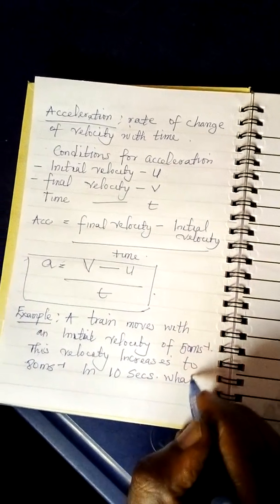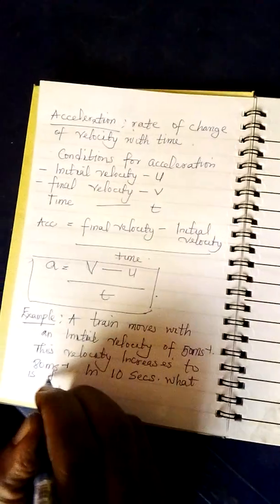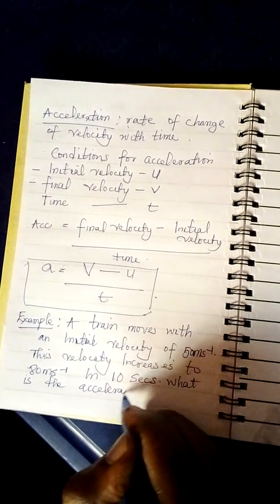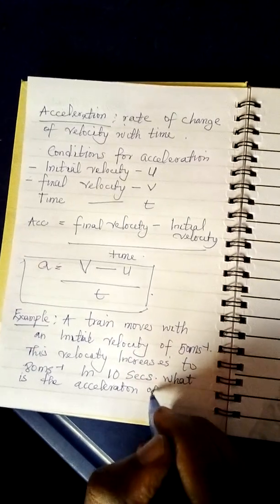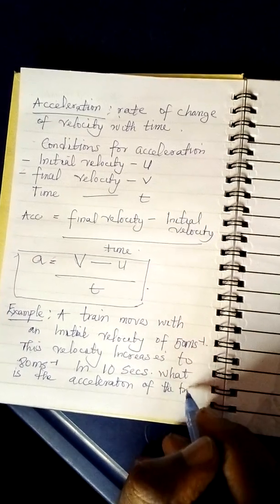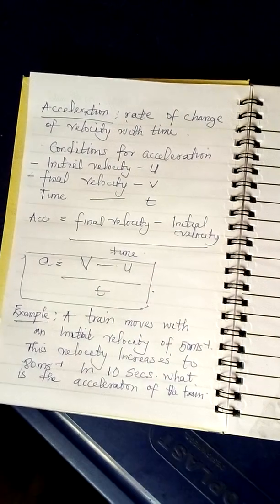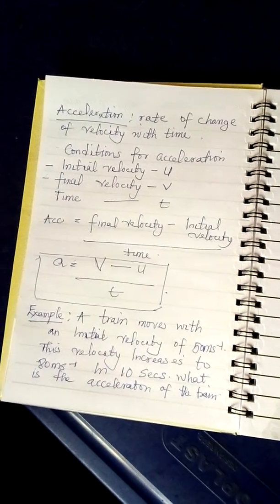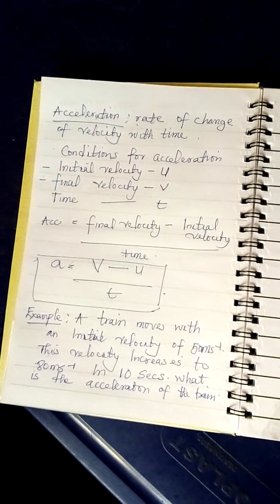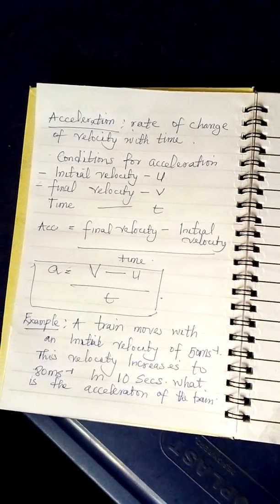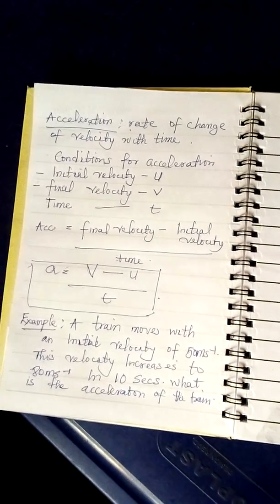What is the acceleration of the train? Okay, so a train moves with an initial velocity of 50 meters per second, full stop. This velocity increases to 80 meters per second in 10 seconds. What is the acceleration of the train?